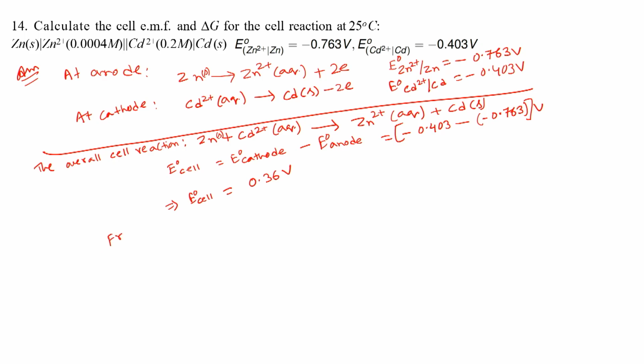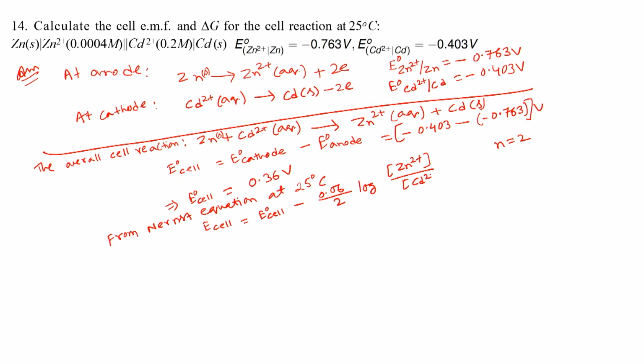So from the Nernst equation at 25 degrees Celsius, we write E cell is E naught cell minus 0.06 by n, where n is 2 here, times log of concentration of Zn2+ by concentration of Cd2+, right.